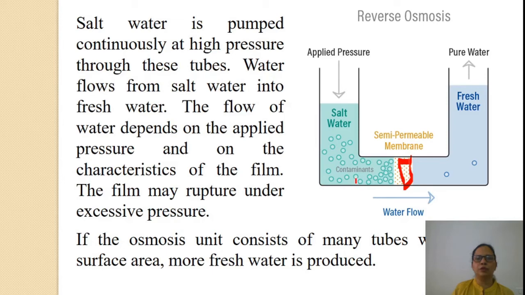The flow of water depends on the applied pressure and on the characteristics of the film. The film may rupture under excess pressure. If the osmosis unit consists of several tubes with larger surface area, then more fresh water can be obtained.